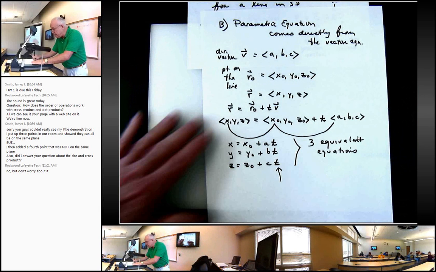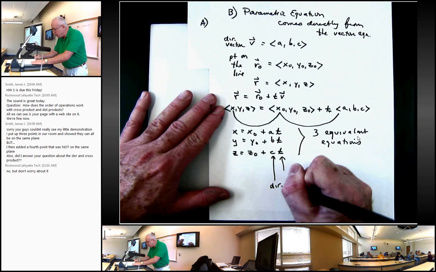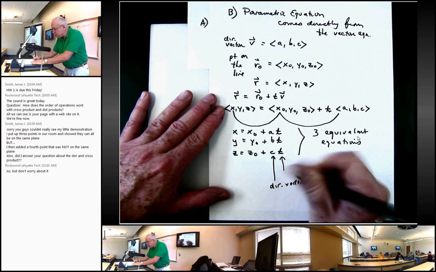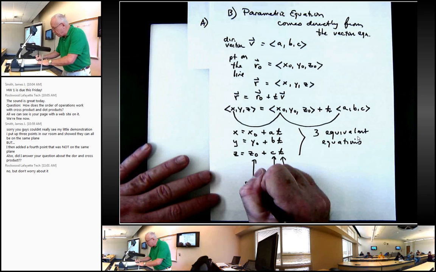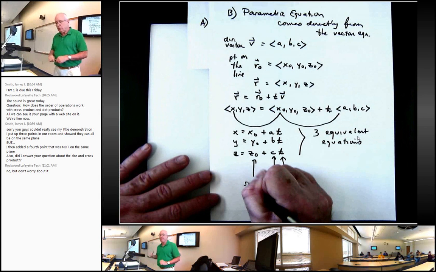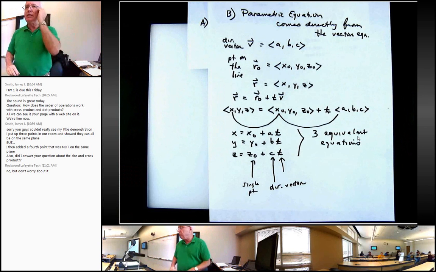Notice that the a, b, and c come from the direction vector. The x naught, y naught, and z naught come from the single point. All right? Thanks for bearing with me on that, and we'll continue with this next time.